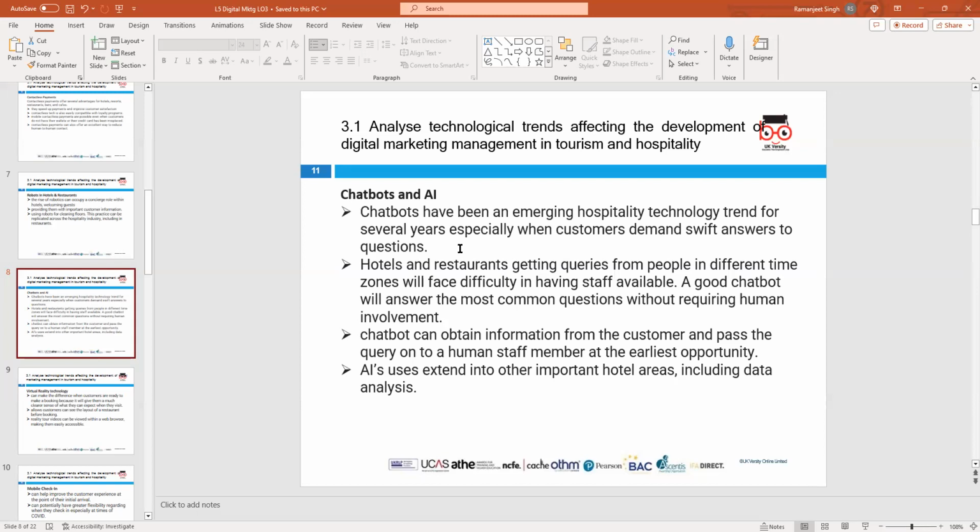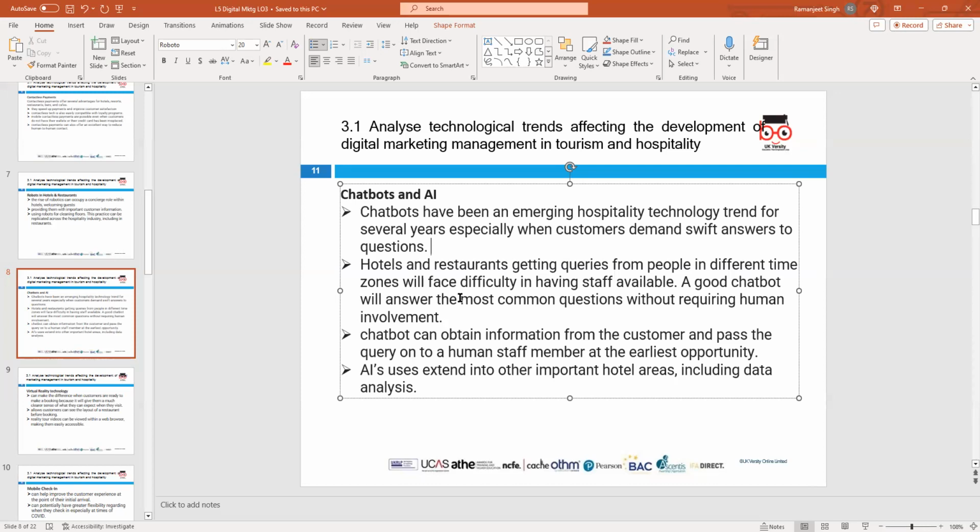People want quick answers to their queries. Not everybody is available when a customer rings, so these chatbots give them a quick answer when times are busy.